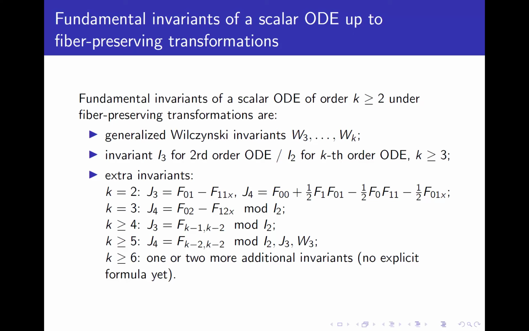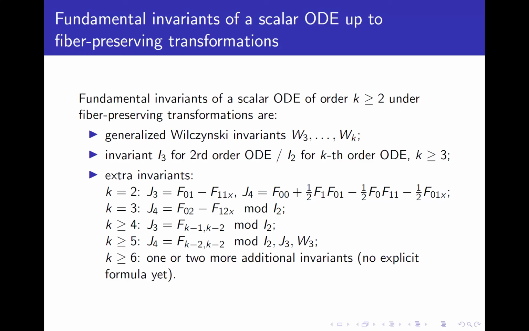But there is a computer program, as I said, that is able to compute the Cartan connection and its curvature for an arbitrary given fixed ODE. A condition for trivializability is that the curvature vanishes.